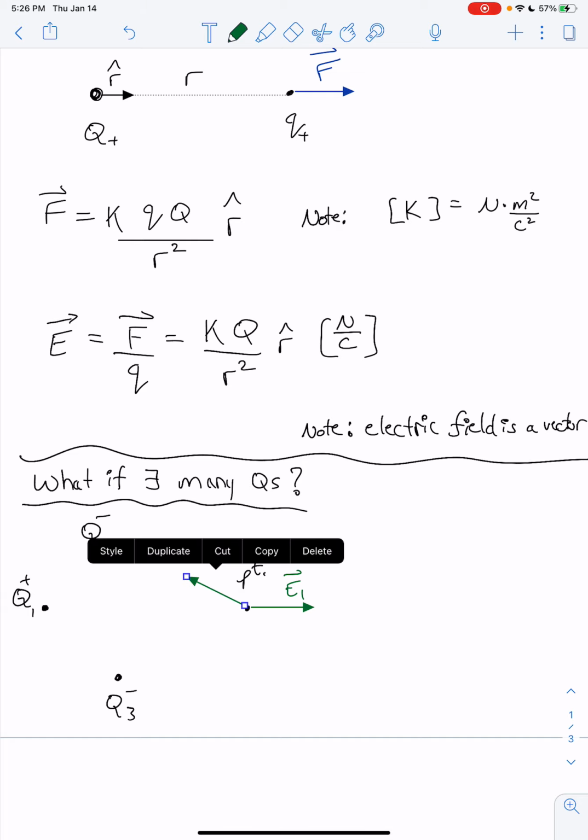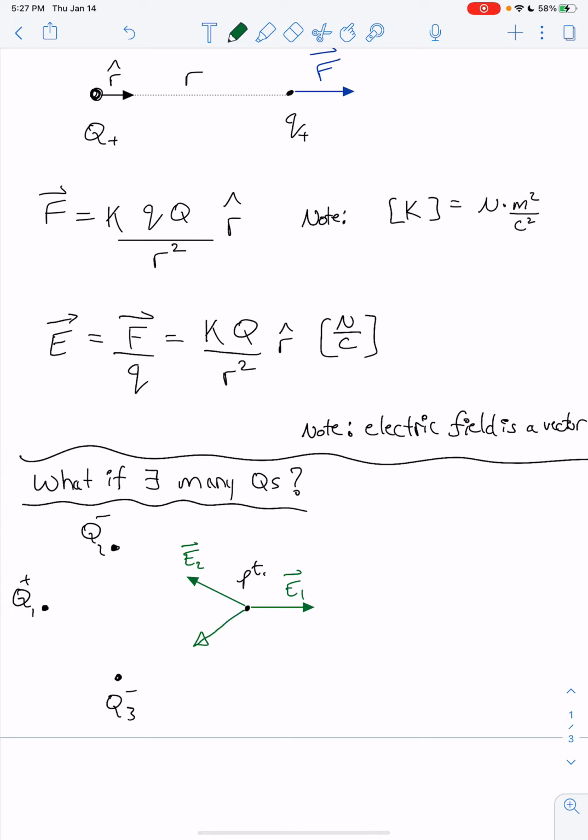Okay. So this is the electric field at that point caused by Q2. And then lastly, we can do the same thing for Q3. Okay, electric field by 3. All right, so we've got a combination here of 3 charges resulting in a field that's going to be the result of summing all these up.